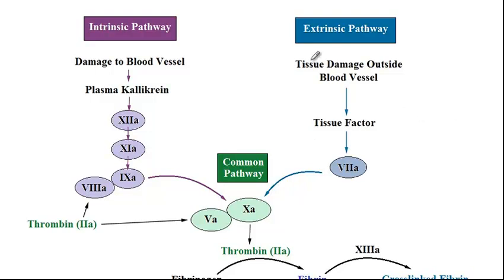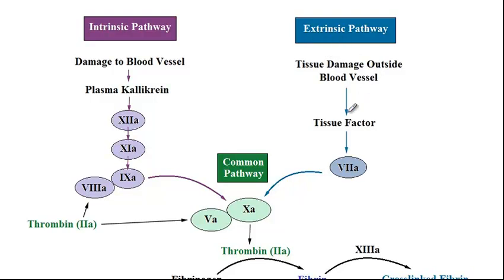Once we have damage outside the blood vessel, like damage to the vessel wall or damage to any tissue, it will cause activation of the extrinsic pathway. The name comes from it being outside the vessel: extrinsic pathway.